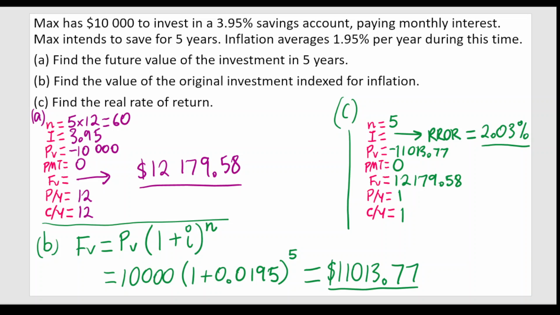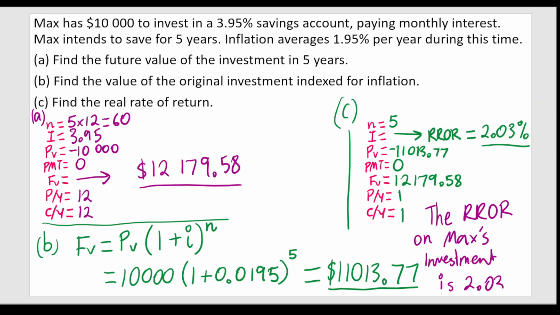With these questions, again, it's good to answer it with a brief sentence, and you can use an abbreviation. The real rate of return on Max's investment is 2.03%.